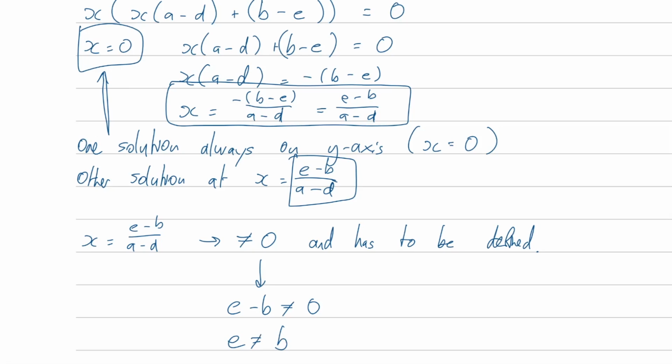Right? If they were equal to each other, the numerator would be 0, and we don't have two distinct solutions. For it to be defined, the denominator can't be 0. Right? If we divide by 0, we have an undefined number, which means a cannot be equal to d.